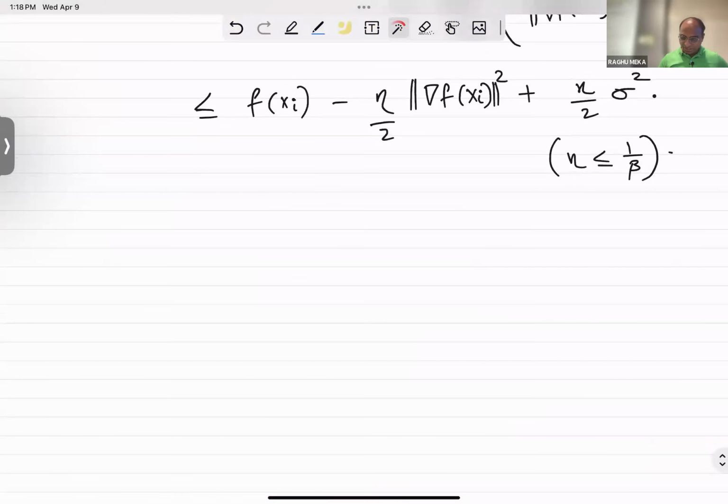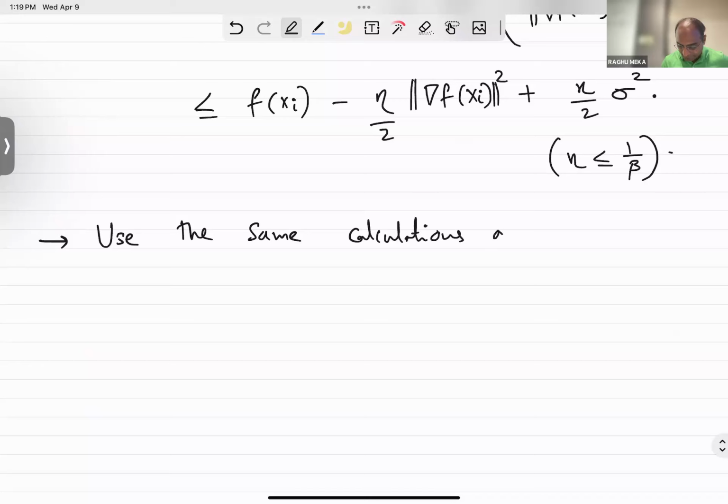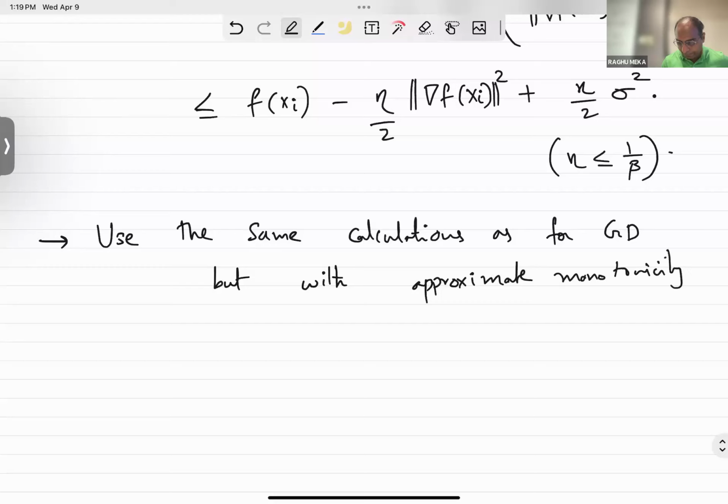Right? So let me not reinvent the wheel and just say, use the same calculations as for GD, but with approximate monotonicity. Okay.